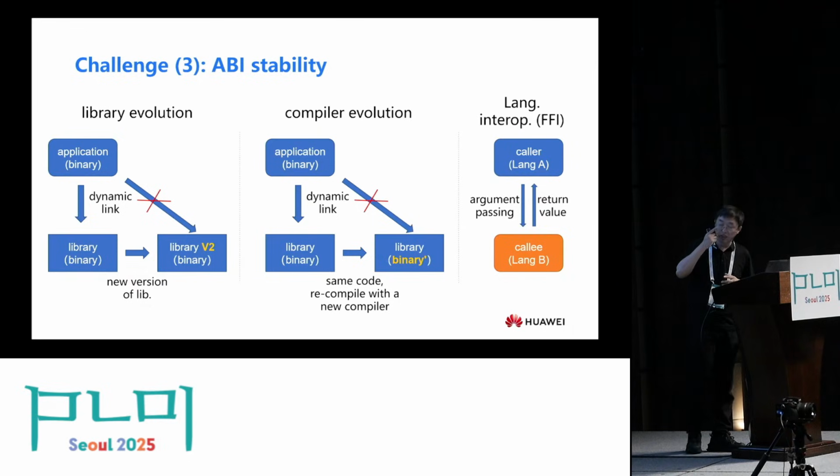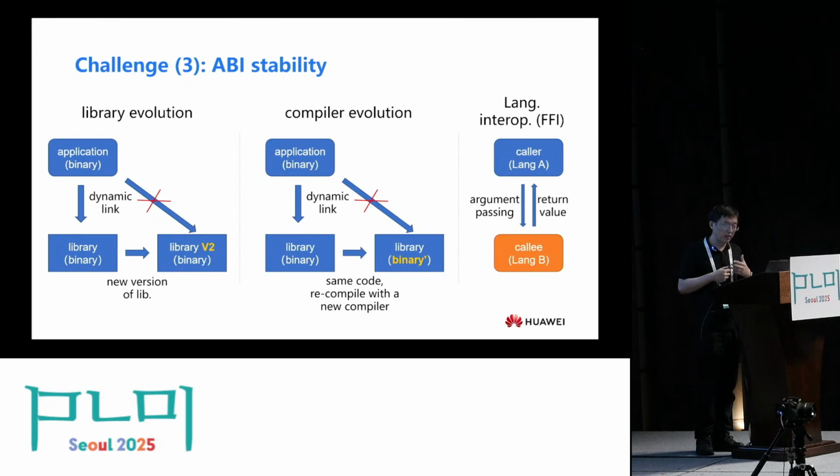These are several scenarios that we need to care about. The application needs to do dynamic linking with the library, which is on the operating system side. So if the library evolves and the binary format changes, the linking could fail.